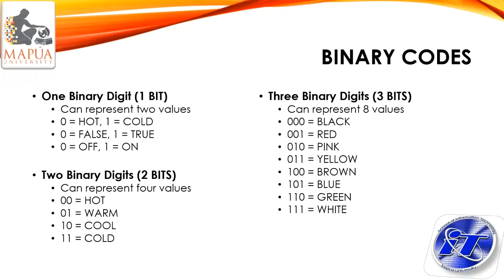For example, if we use 000 to represent black and red, it's easy: when we input black, it will be represented by 000. But when we retrieve 000, what will be the value? Will it be black or red? That's why we need a distinct pattern for each value. Don't forget that.